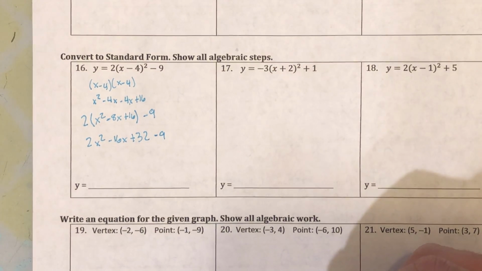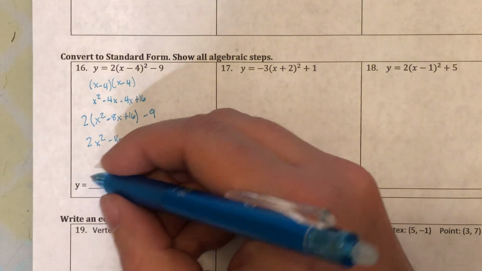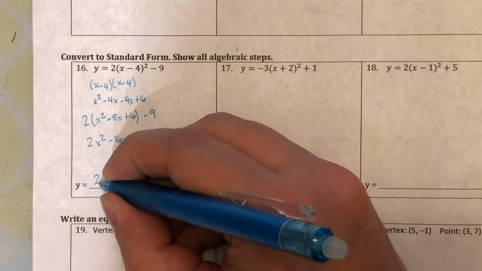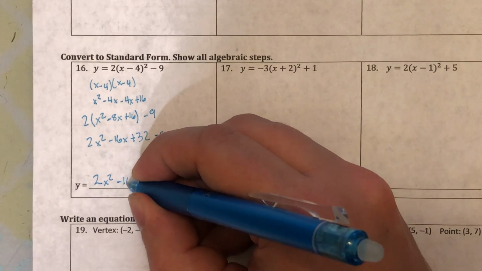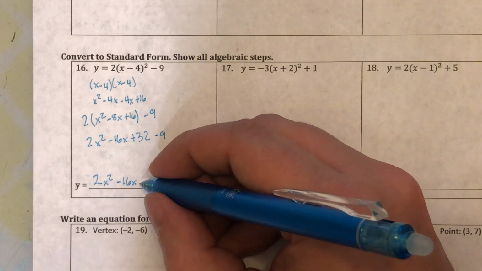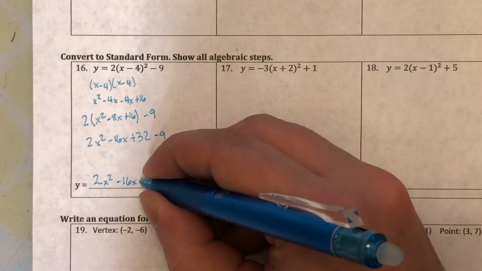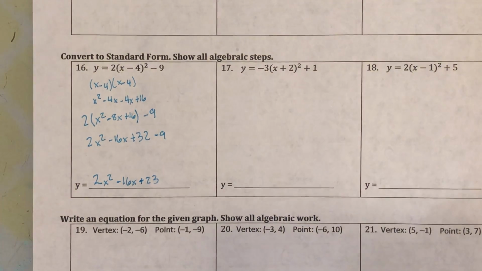So now I just combine further like terms with this 32 and 9, and I get y equals 2x squared minus 16x, and then 32 minus 9 plus 23.